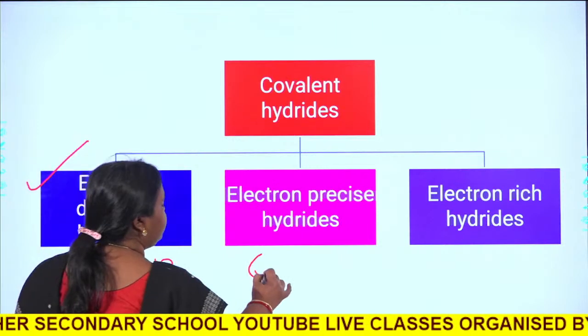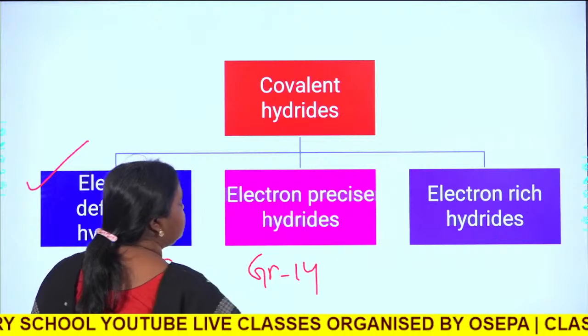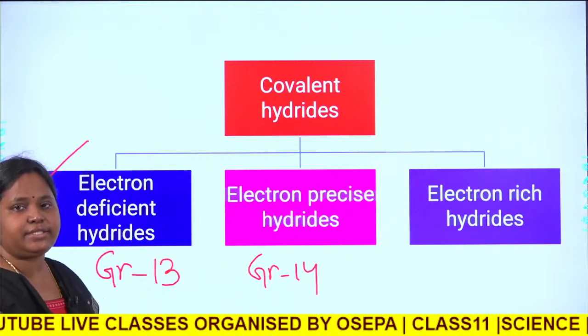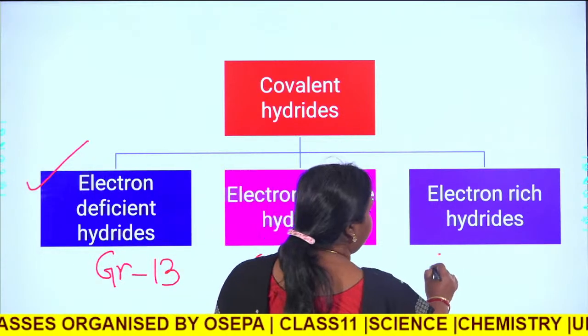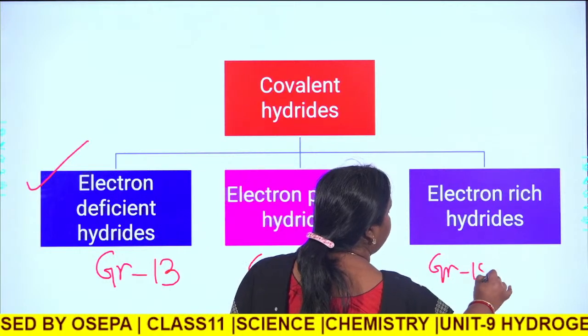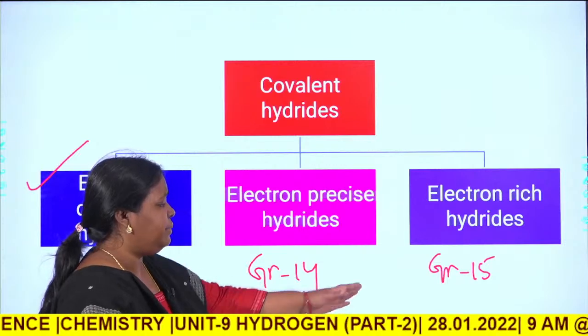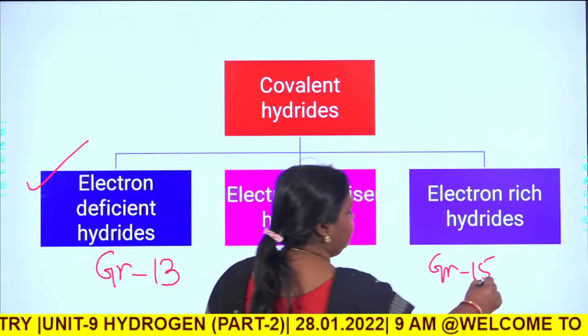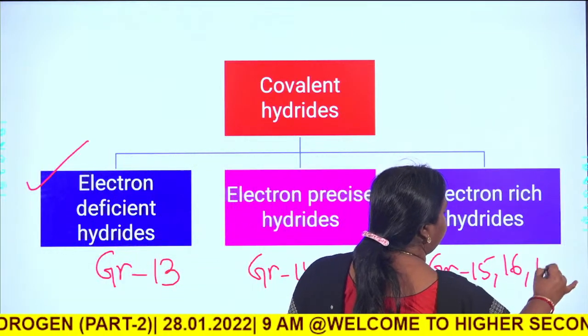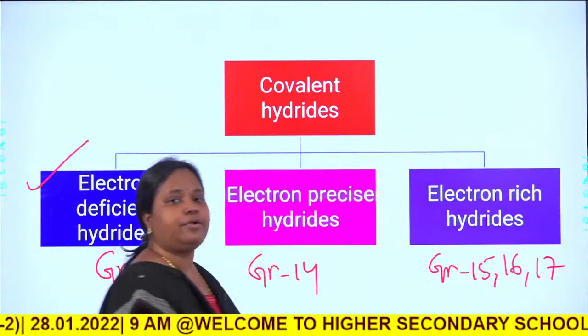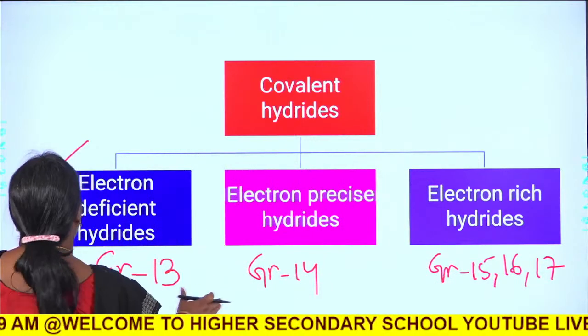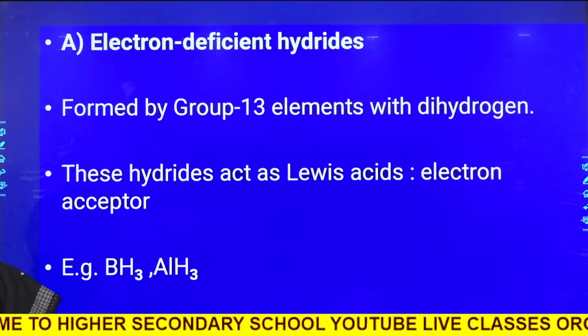If it is forming bonds with group 14, carbon, silicon, it is called electron precise hydride. And if it is forming bonds with group 15 elements, nitrogen family, then it is called electron rich hydride. Groups 15, 16, 17, whichever it is, if it reacts with these groups, it is called electron rich hydrides. Okay, so electron deficient hydride.